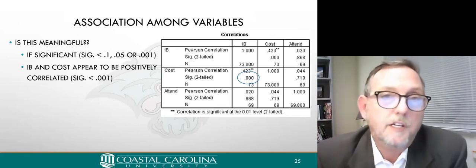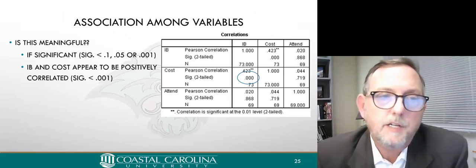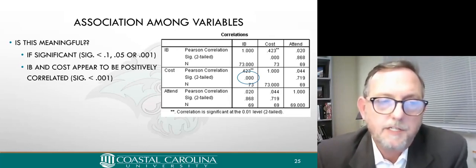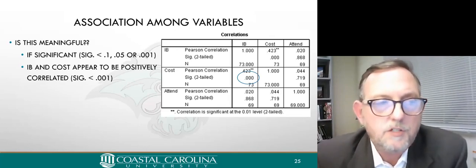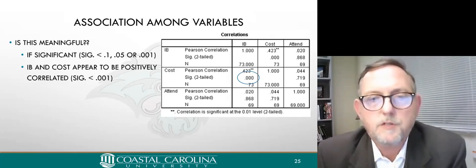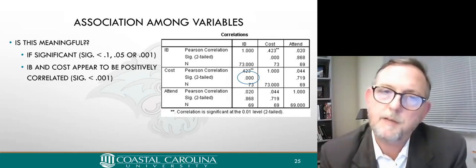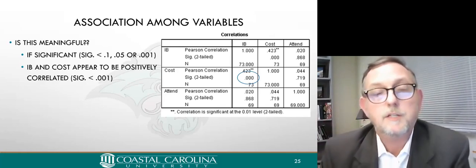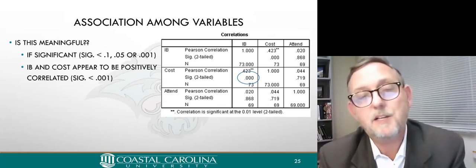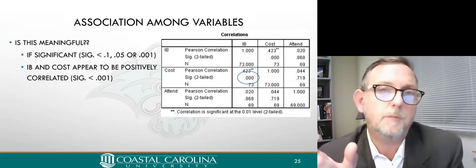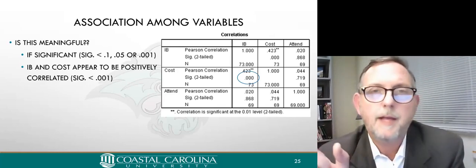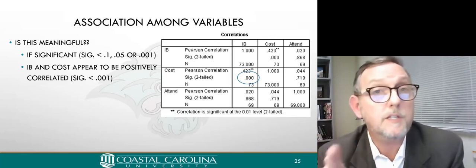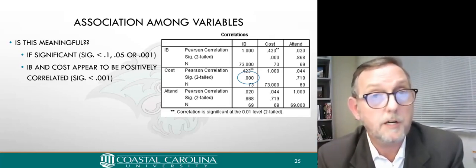The correlation between intention to buy and cost in this particular case is 0.423. Remember, once you're getting up to that middle range and higher, you're in a good zone. The significance level is 0. It actually is something, but as a shortcut they just put 0 because it's a super small number. So it's well below 0.05, below our cutoff, which is good.